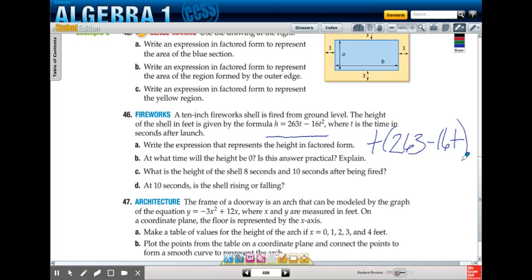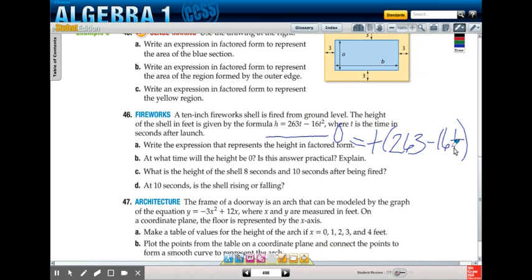You have to set this equal to 0, and you can set each part equal to 0. Now, if you set each part equal to 0, you're going to get t is 0. At time of 0, does it make sense that the height would be 0? Which it should, because that's where it starts. At time 0, the height is 0. It's shot from ground level.